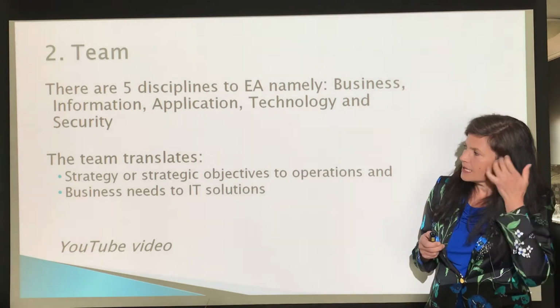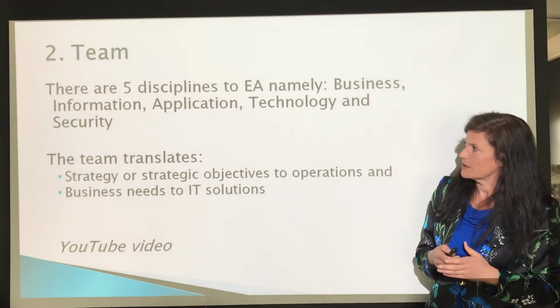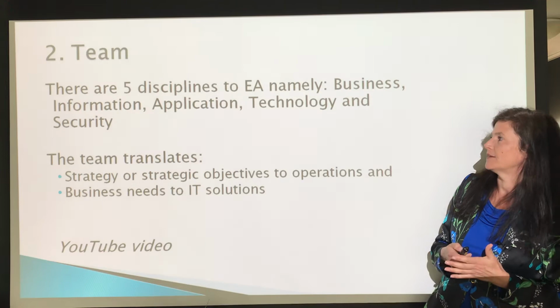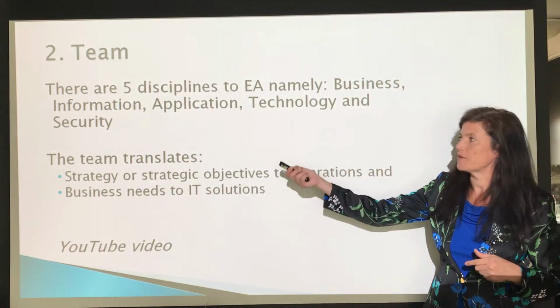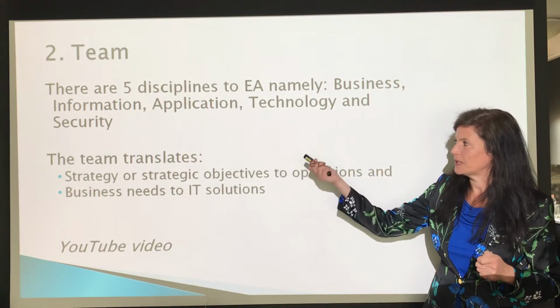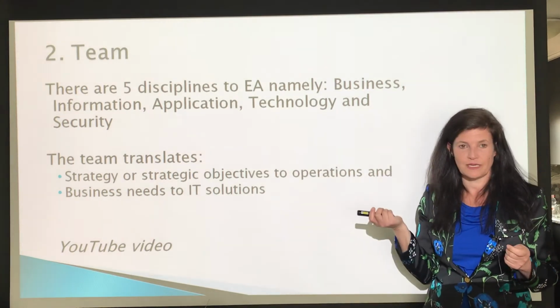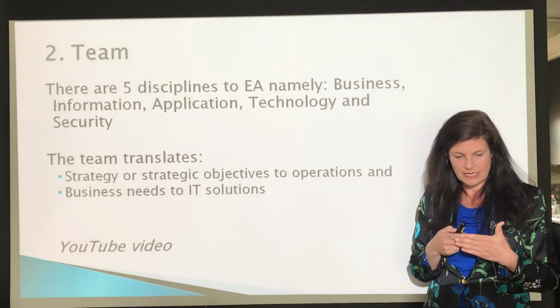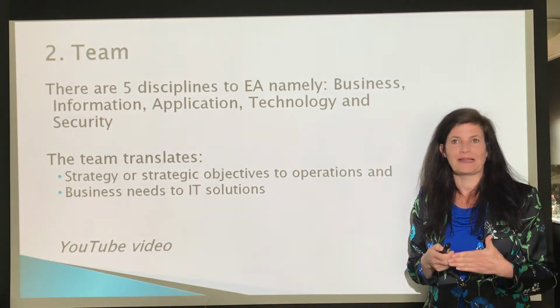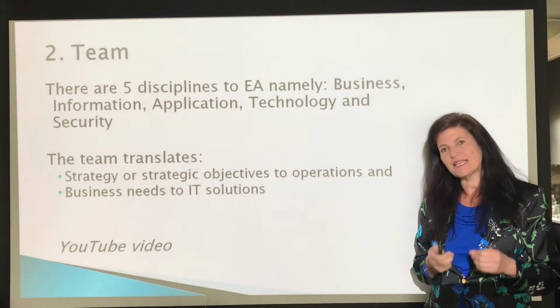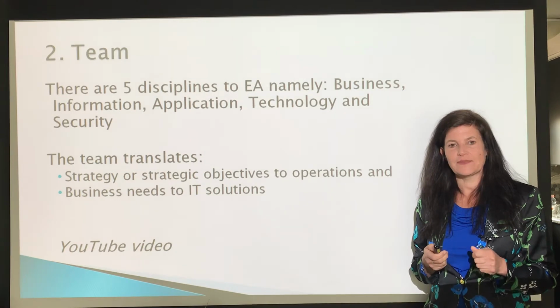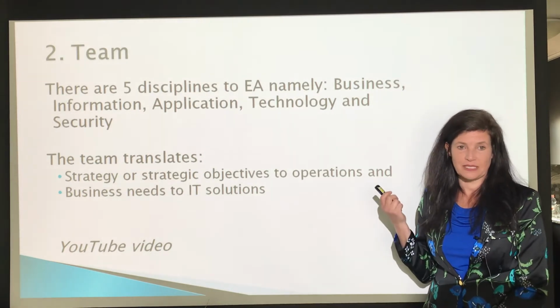So then let's talk about the team. So there's 5 disciplines to EA, namely your business, your information, your data, your application or systems, technology infrastructure, and security. So remember we said that EA is a core planning resource. Well, what makes it so powerful is it's made up of all these 5 disciplines.